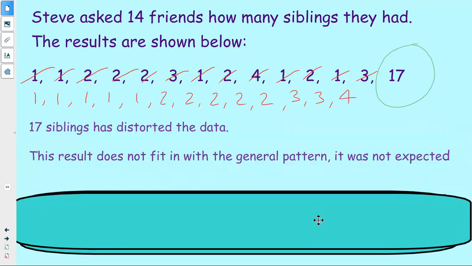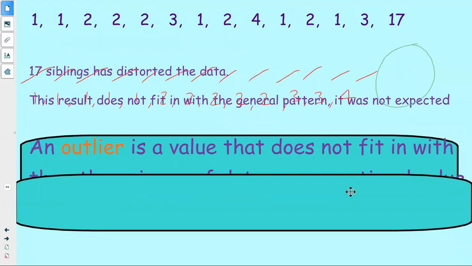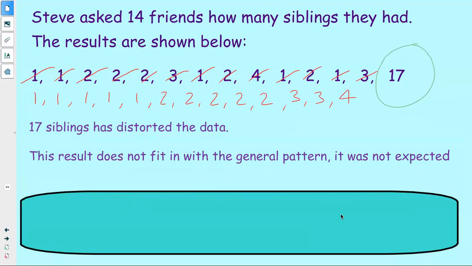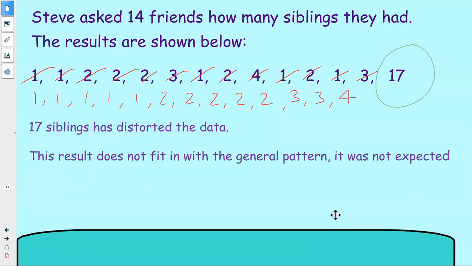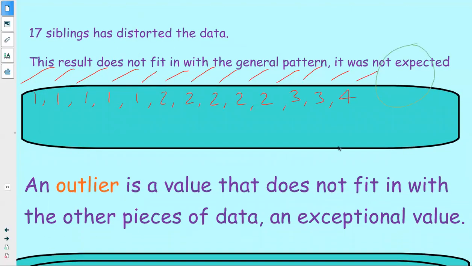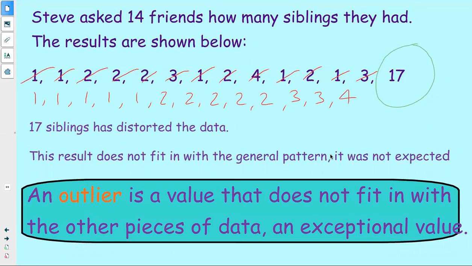So it says here 17 siblings has distorted the data. This result does not fit in with the general pattern. It was not expected. So you did not expect me to reveal 17 here. Okay, let me just scroll down a wee bit more. There we go.